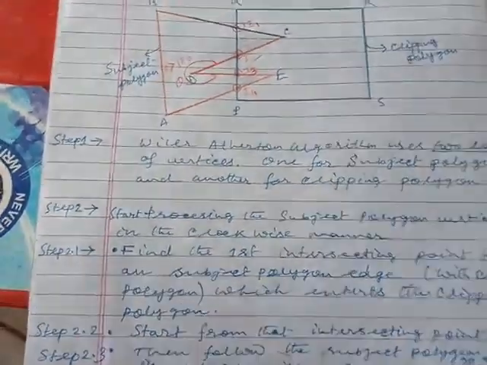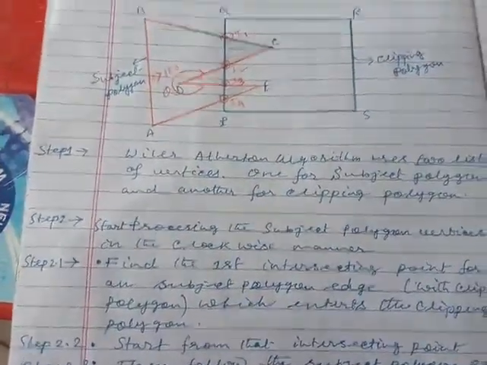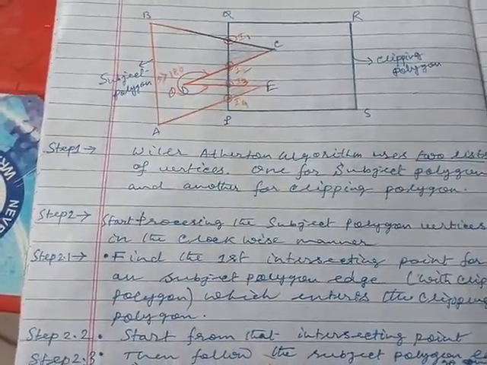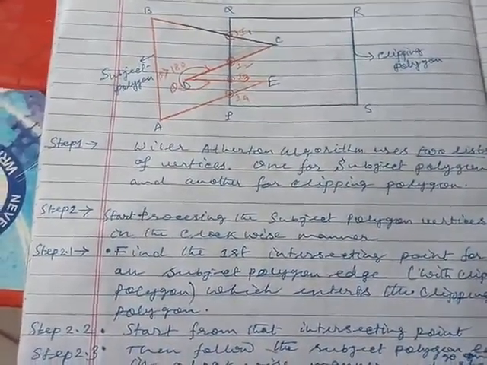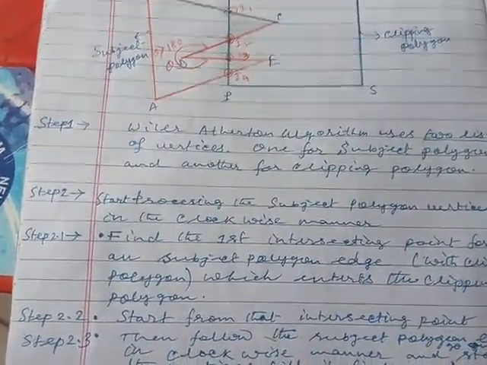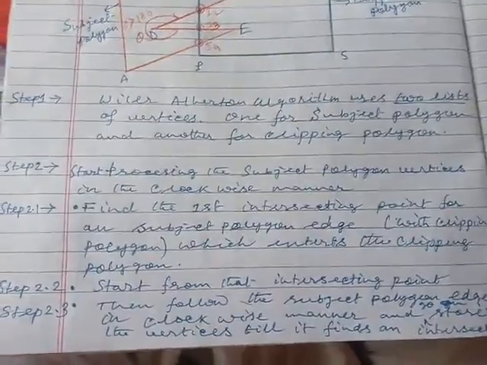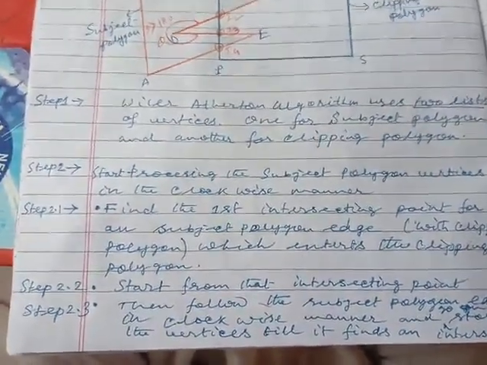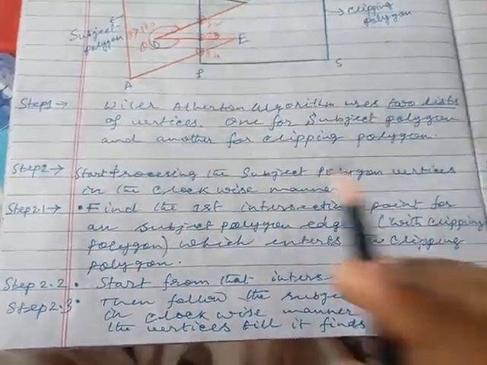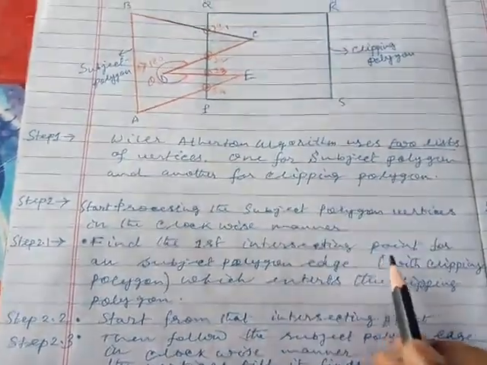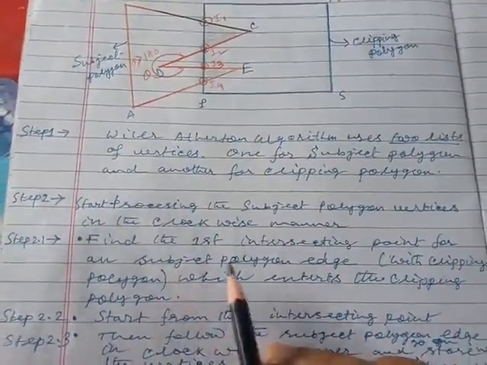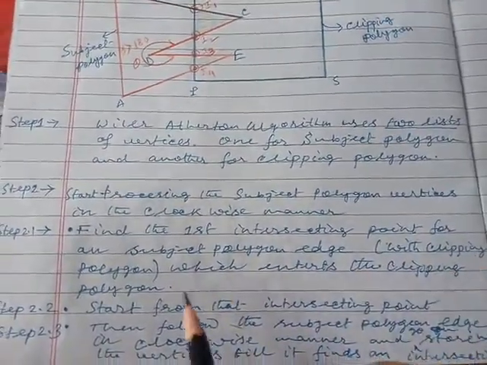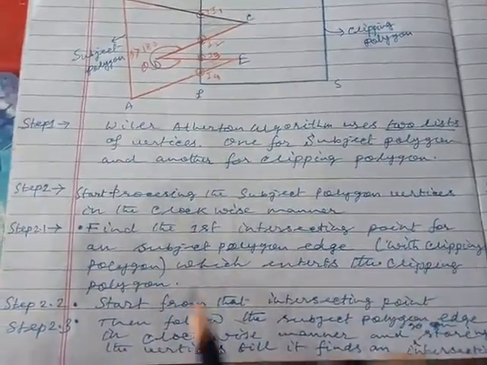I repeat, once the two lists for the subject polygon and clipping polygon are generated, then we will start processing the subject polygon vertices in the clockwise manner to find the first intersecting point for a subject polygon edge with the clipping polygon which enters the clipping polygon.